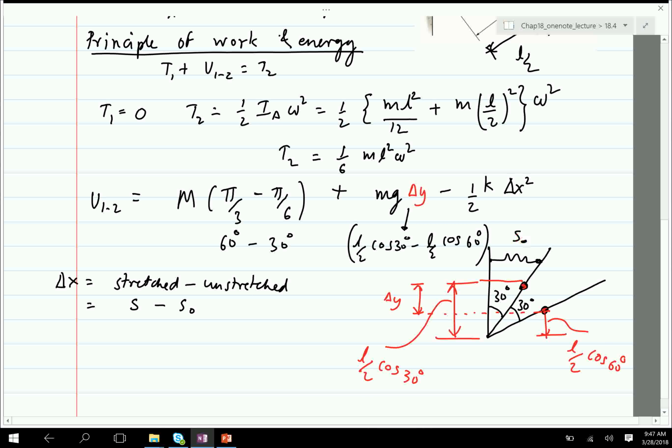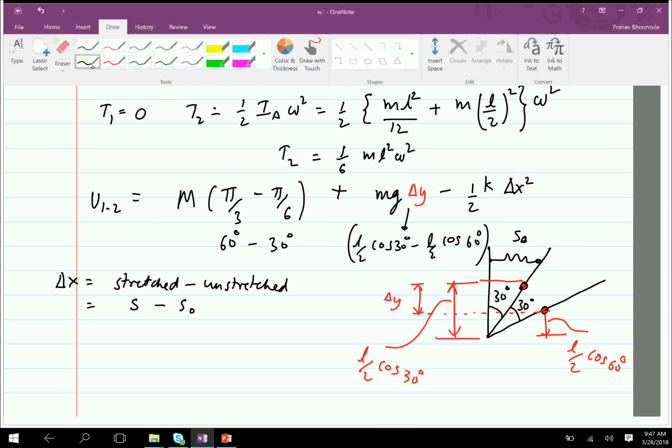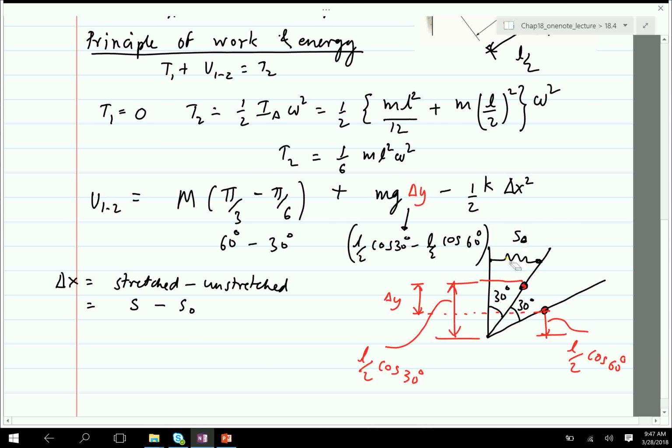This is going to be S0 unstretched, and then when it goes down, this is the new length. So as long as I can find S1 and S0, I'm good.